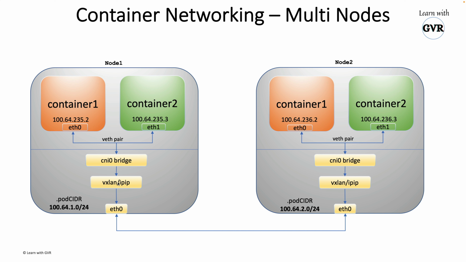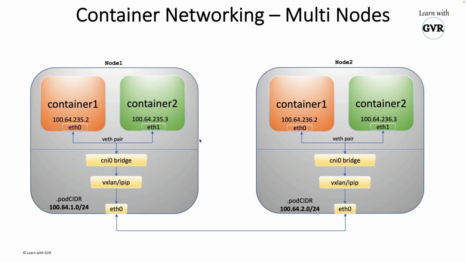We need not dig much, but if this container wants to talk to this one, the traffic will go from the veth pair through the CNI bridge, which has an IP, through the VXLAN, and through this eth0 it will communicate. And there will be an overlay network also, which will be used by Calico. So that's how multi-container communication will happen.